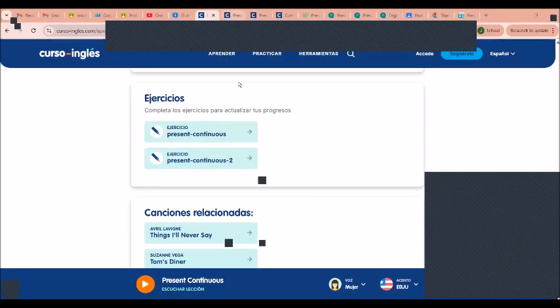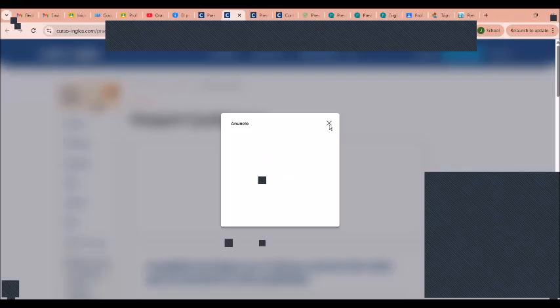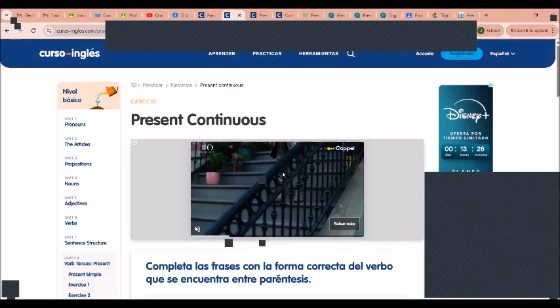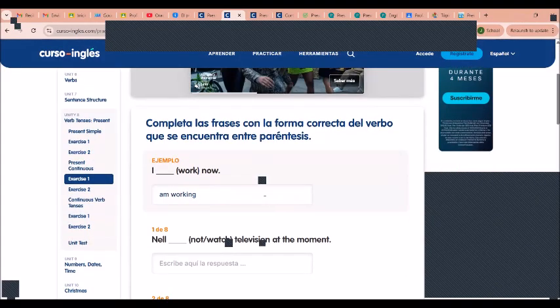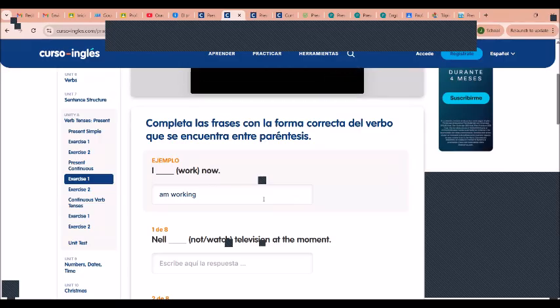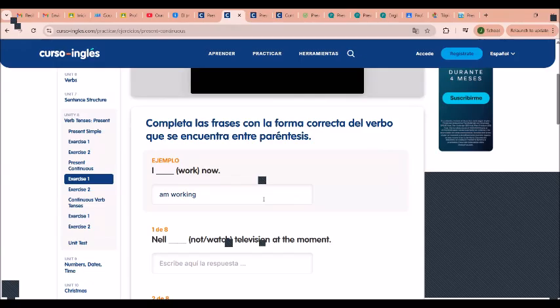Yvonne, let's start with you. As usual, you're completing these sentences with the right form of the verb. Remember, affirmative form, look at your verb, look at your subject, and use the appropriate version of the verb to be to match your subject, and then put ing on your verb.